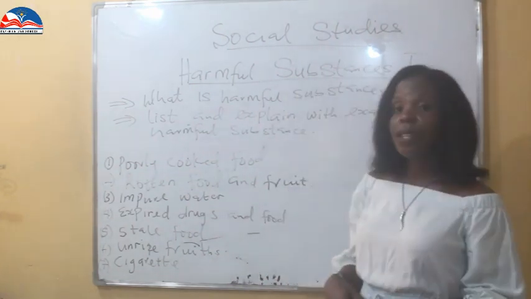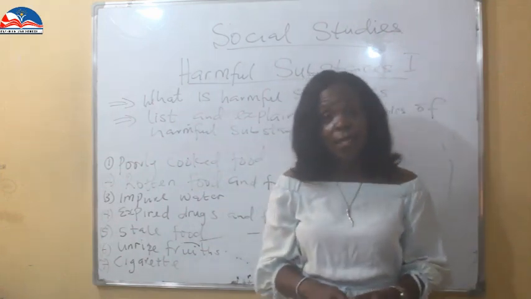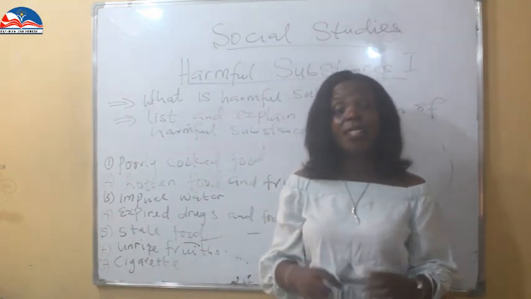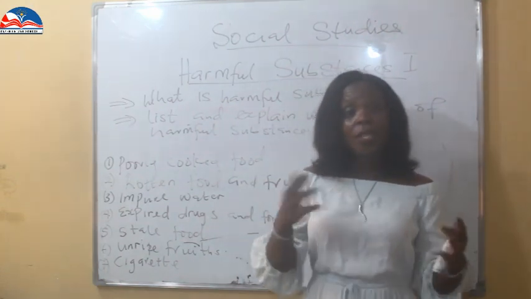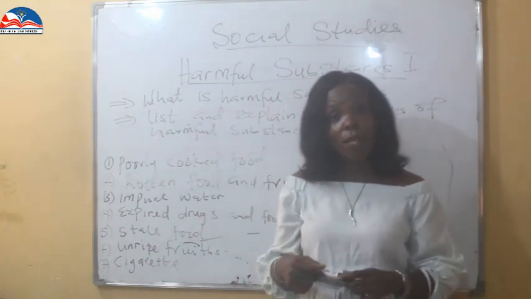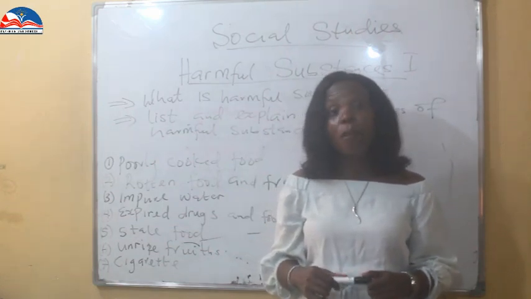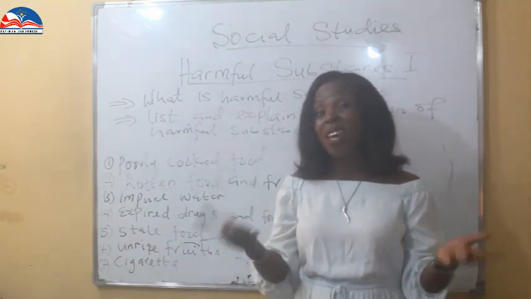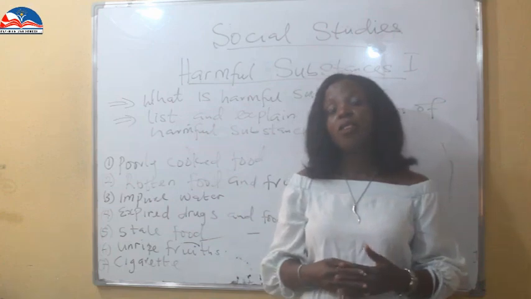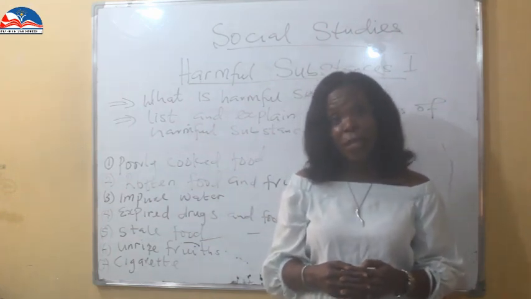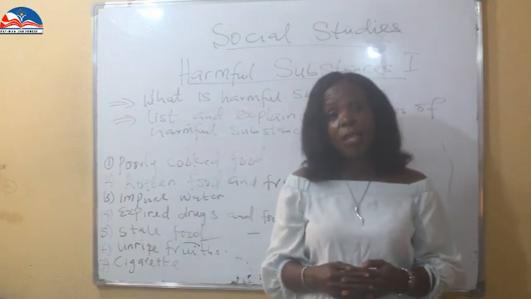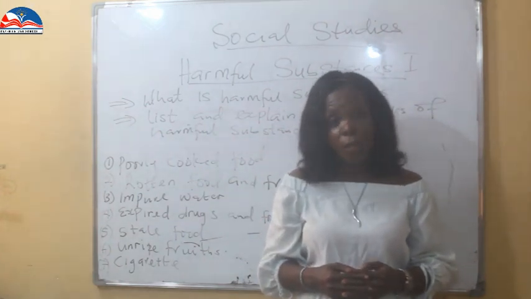And then lastly, cigarettes. You look at it as a substance. You inhale it, you smoke it, you take it, it becomes a harmful substance to you. You can be a passive smoker by inhaling the cigarette smoke, and it can cause a lot of effects. It has a lot of effects in the human body.